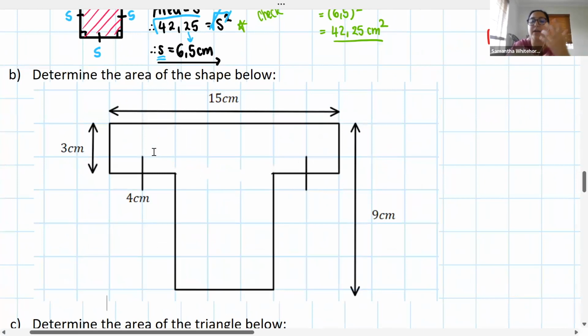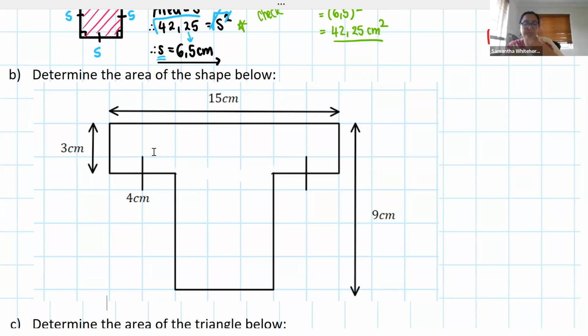Now, when I say we break up our shape, I mean break it up into a square, a rectangle, a circle, or a triangle. It will depend on what you have. And so you need to go and have a look at your diagram or whatever you've been given to determine how you should break it up. But if we break it up into a rectangle, we know how to work out the area of a rectangle. If we broke it up into parts of what it is, we can then just add all those areas together.